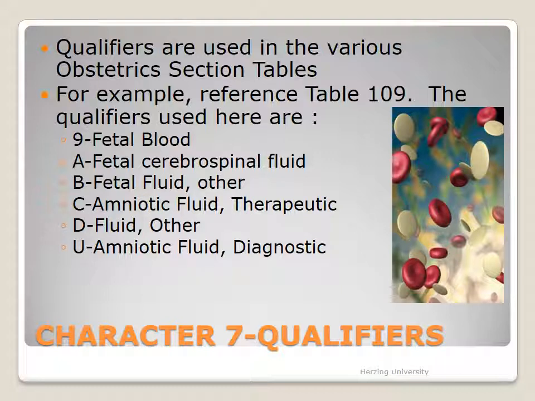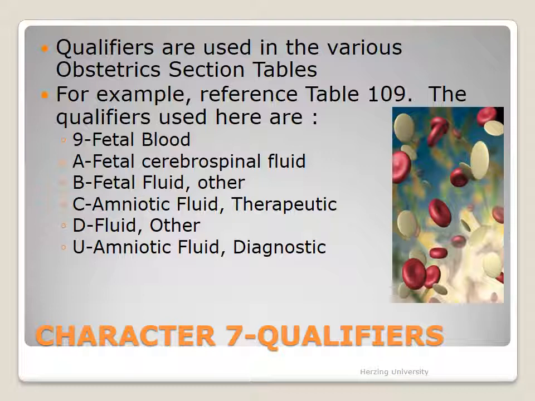For example, if you look at table 109, the qualifiers that could be used here are 9 for fetal blood, A for fetal cerebrospinal fluid, B for fetal fluid other, C for amniotic fluid therapeutic, D for amniotic fluid other, or U for amniotic fluid diagnostic. The qualifiers are used to identify the specific aspect of a root operation.